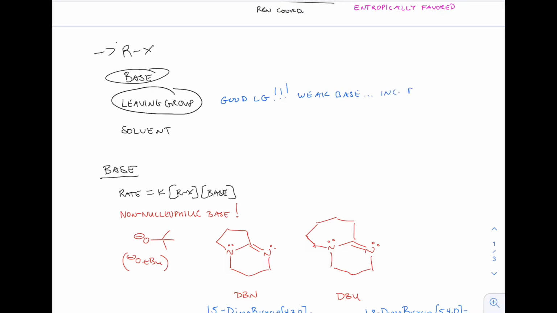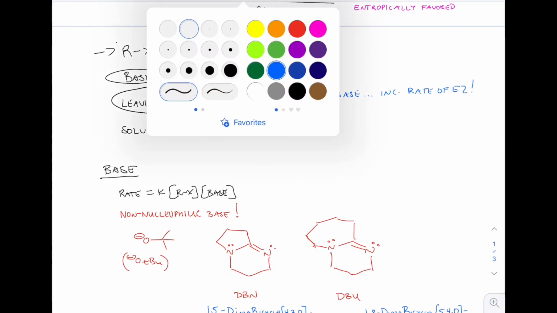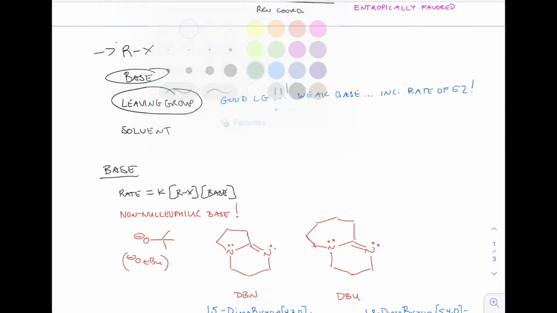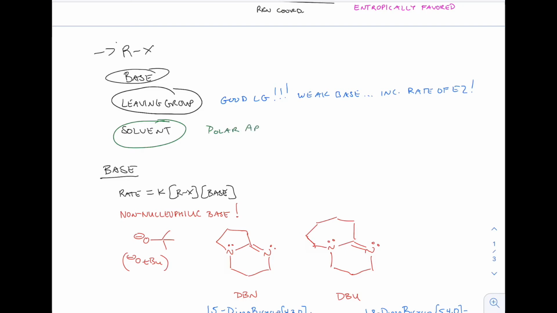Now the leaving group, of course, we want a good leaving group, which is a weak base, and that's going to increase the rate of an E2 reaction. Okay. So solvent, we also want a polar aprotic solvent, right? Just like SN2, we wanted polar aprotic. For E2, we also want polar aprotic because it doesn't solvate the anions, right?